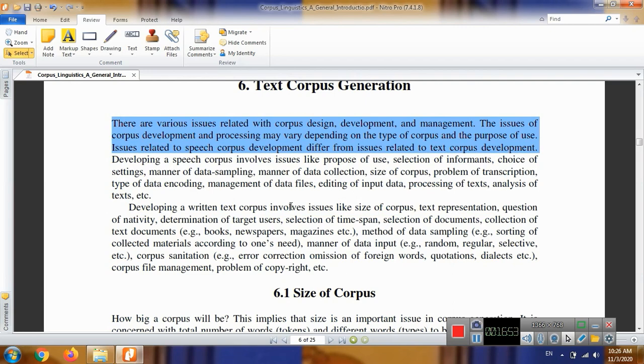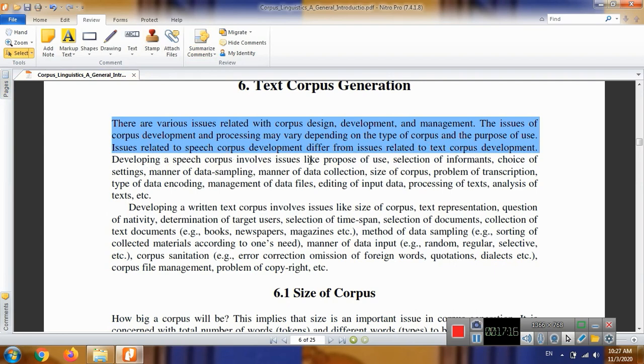There are various issues related with corpus design, development, and management. The issues of corpus development and processing may vary depending on type of corpus and purpose of use. Issues related to speech corpus development differ from issues related to text corpus development.